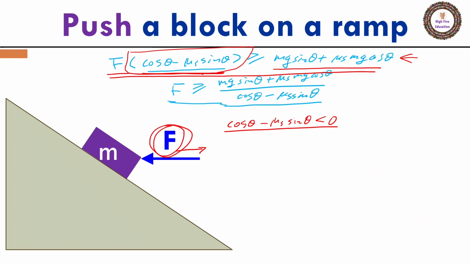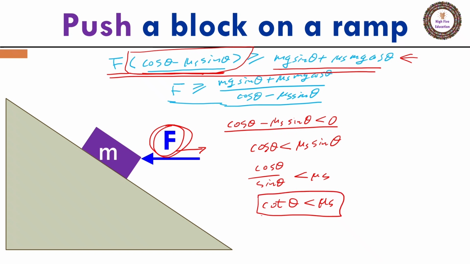And if we simplify this, we get cosine theta is smaller than mu s times sine theta. That means cosine theta over sine theta is smaller than mu s. That means cotangent theta is smaller than mu s. So how do we interpret this relationship? We know theta is from 0 to half pi.